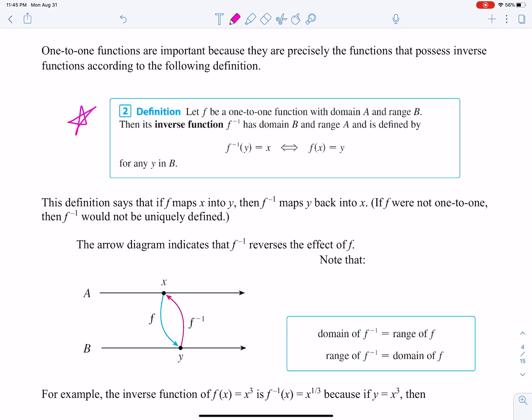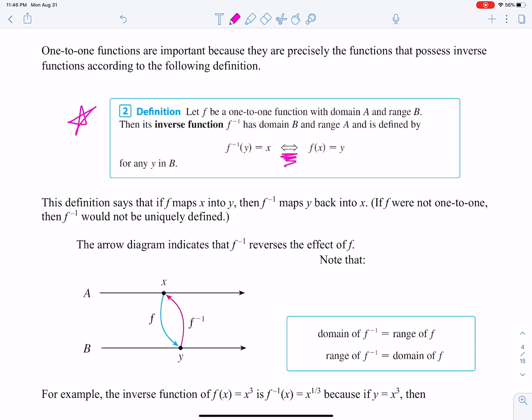And that's what we're used to back in algebra, pre-calculus and all that. To find the inverse, don't we magically switch x and y? In other words, we're flipping the input and the output, the domain and the range, okay? And this is defined by f inverse of y equals x. And remember, this symbol here means if and only if.